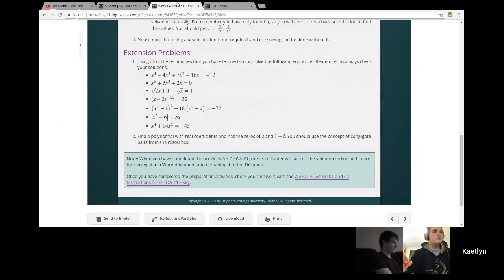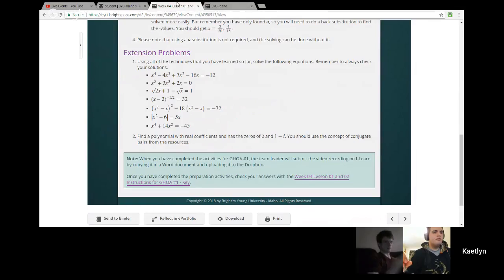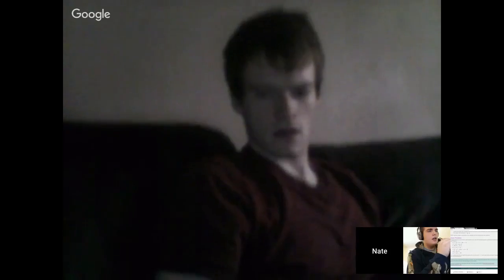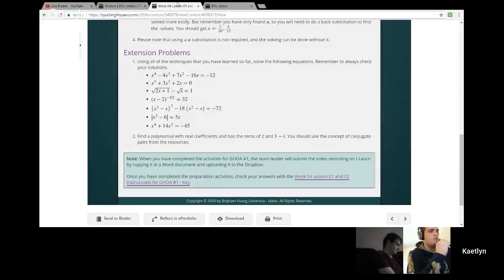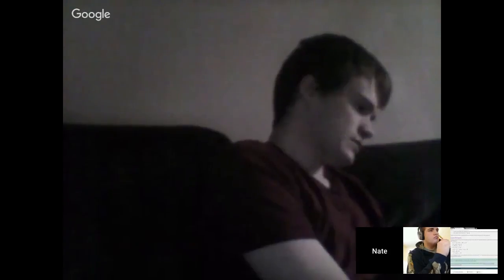Would you say you could combine the two square roots? So it would just leave you with square root of x plus 1? Or would you just have to square them both to get rid of it and square the 1?